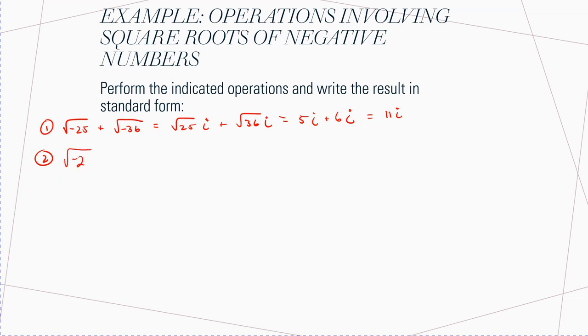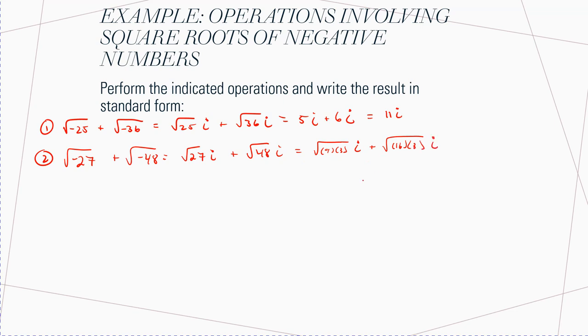The square root of minus 27 plus the square root of minus 48. Okay, negatives. All right, so the negatives come out. So this is the square root of 27 i plus the square root of 48 i. So now we're going to simplify these radicals, right? So 27 is 9 times 3. 48, I think this is 16 times 3.